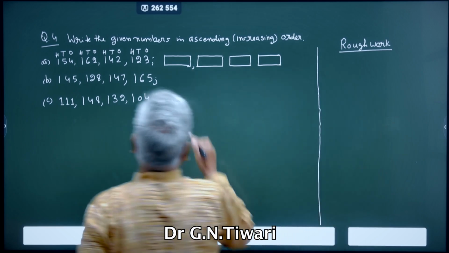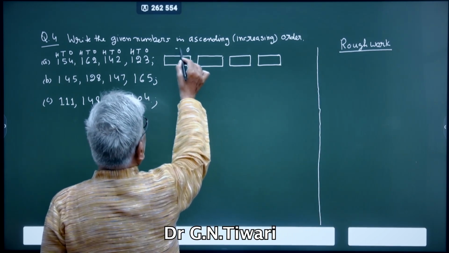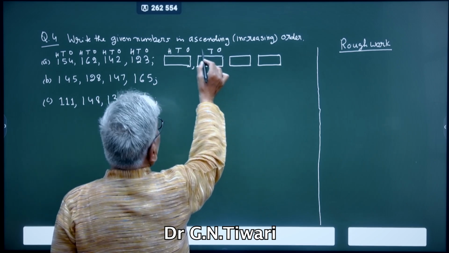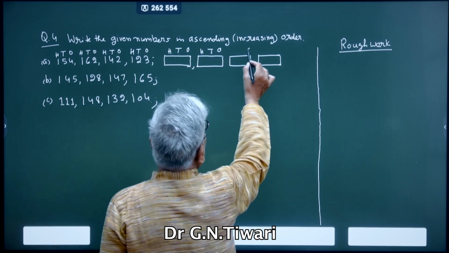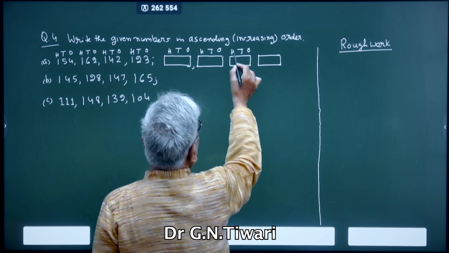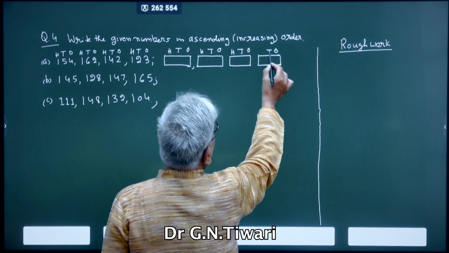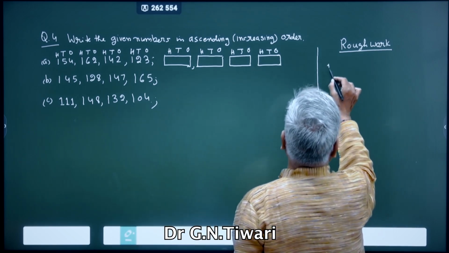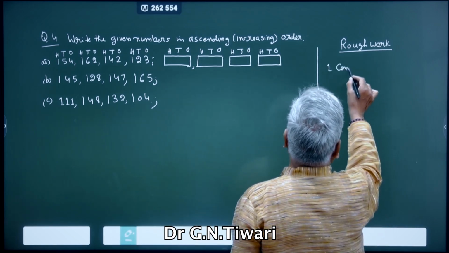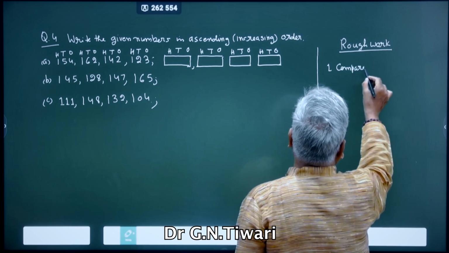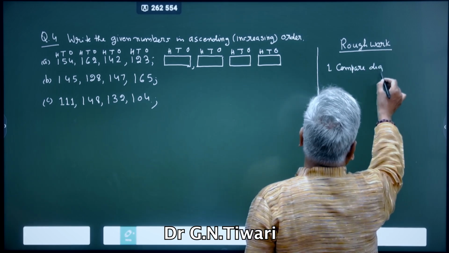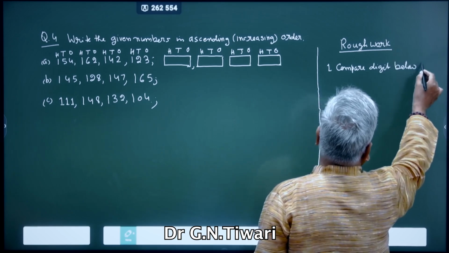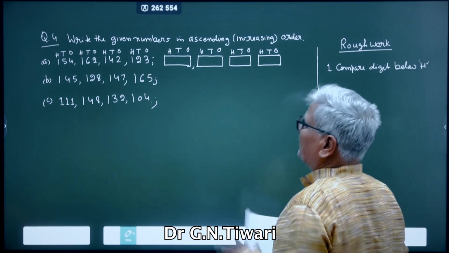So first write O T H, O T H, O T H, O T H. So first compare the digit below H. This is very, very important.